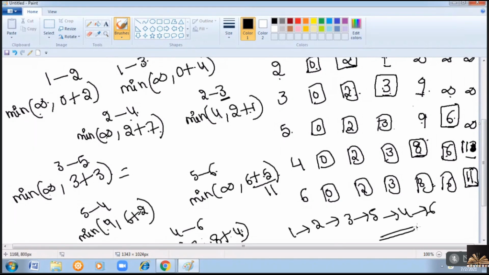This is the shortest path. Is it clear? Any doubts?